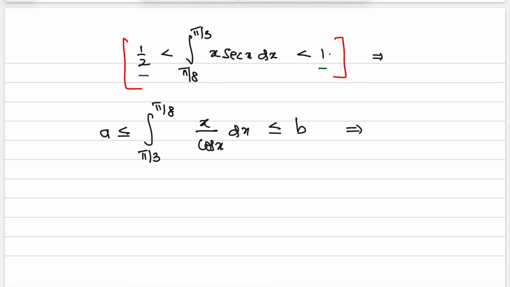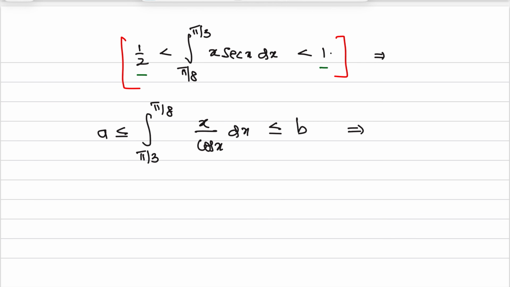That means minus 1 is less than integral pi by 3 to pi by 8 x by cos x dx is less than minus half.